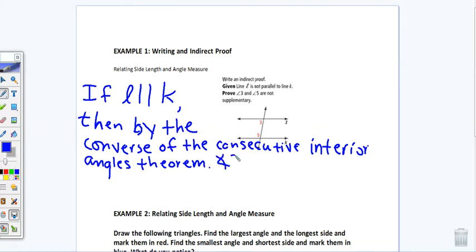Angle 3 plus angle 5 would equal 180 degrees, meaning supplementary, right?